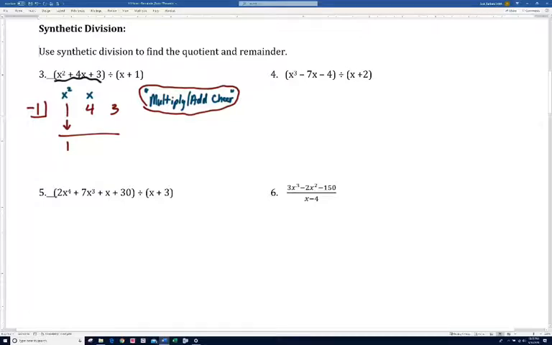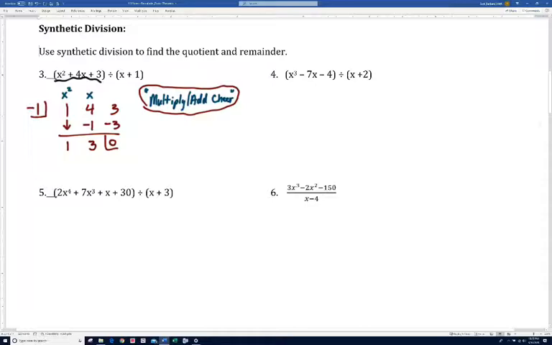First we're going to multiply the 1 times negative 1, and we'll put that right under the 4. Then we add 4 minus 1, which is 3. Then again, we multiply these numbers, and we get negative 3, and that goes here. Then we add, and we get 0.